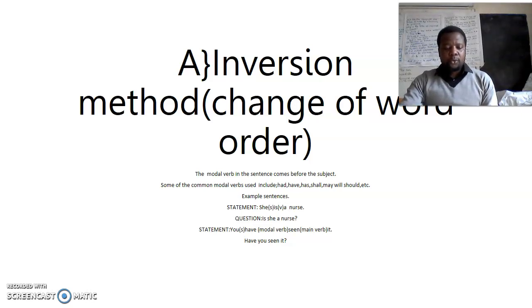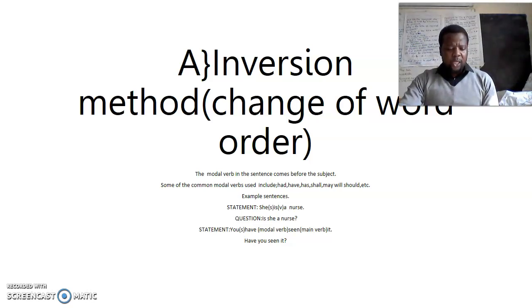I hope you have tried on your own, and I hope you have asked the question as follows: must they go to bed now? And at the end, correct punctuation is very important. That is the question mark. They is the subject, must is our modal auxiliary verb, and therefore we start with the modal auxiliary verb. That is, must they go to bed now? That is how it should be.